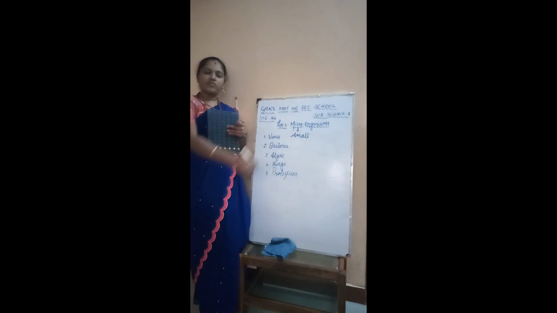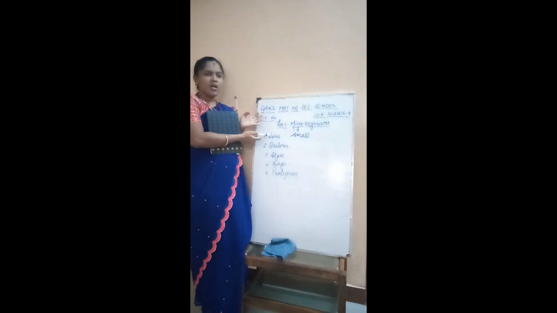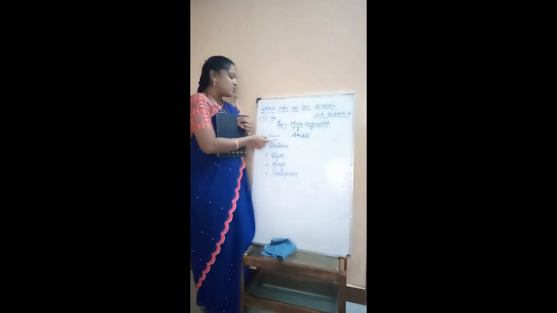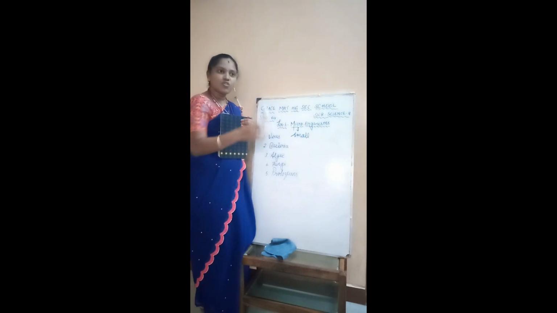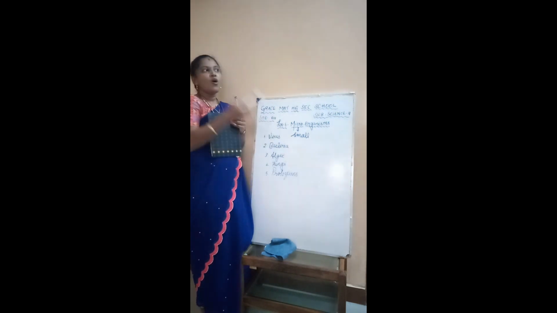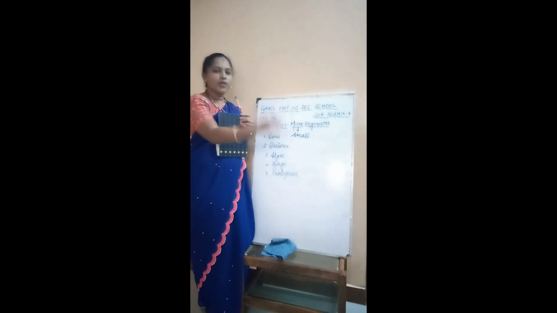Okay, now I am going to tell you about the first one, virus. We are all familiar with this, we are all threatened by this term virus, yes or no? Because it has created a pandemic effect throughout the world, coronavirus, right? So, we are going to see about the structure of the virus and whether we have a vaccine for these viruses, or we are going to see about the diseases which they cause to humans.